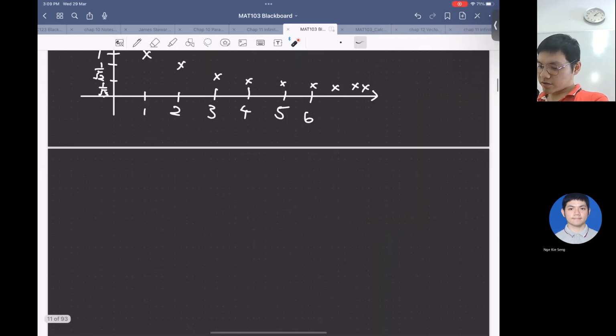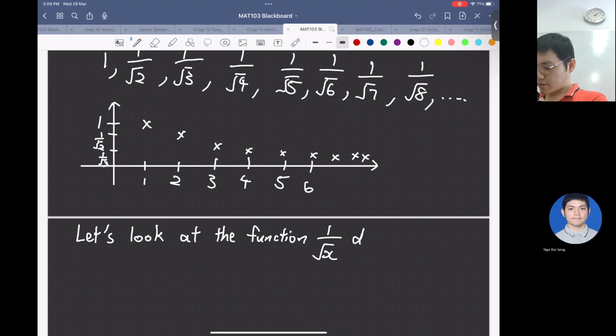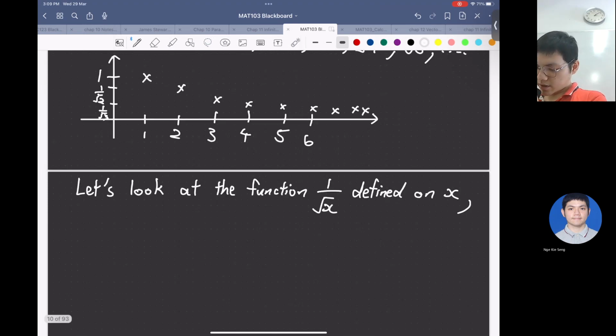Let's look at the, I cannot call it a sequence anymore, the function 1 over square root x defined on real x, and compute the following.